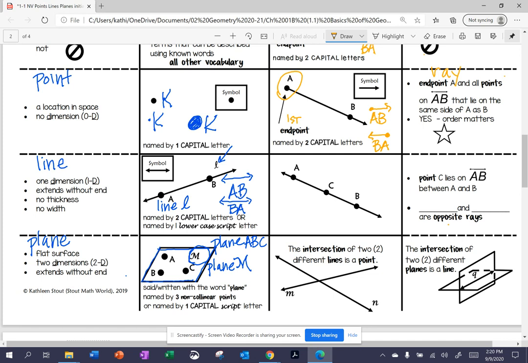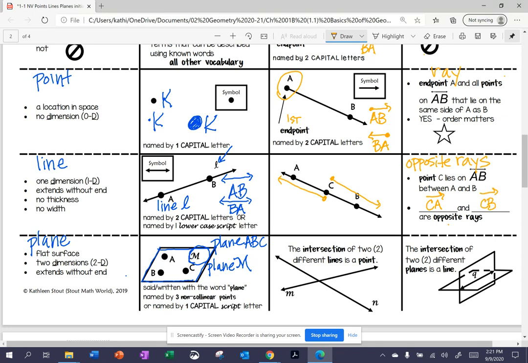When I have two rays going in opposite directions, I call these opposite rays. A point C lies on line AB between A and B. So my two rays are ray CA, where I'm naming the endpoint first, and ray CB.